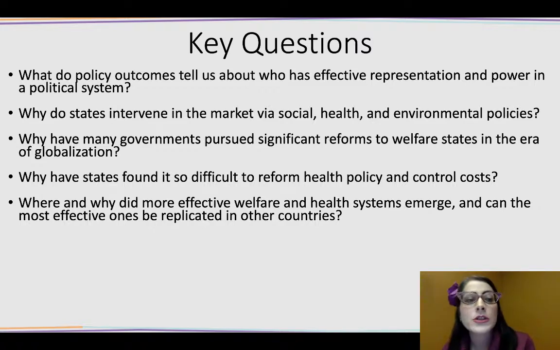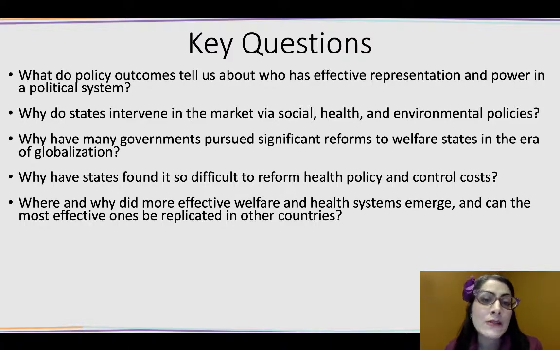So the key questions we ask as comparativists when we're thinking about this are: What do policy outcomes tell us about who has effective representation and power in a political system? Why do states intervene in the market via social, health, and environmental policies?